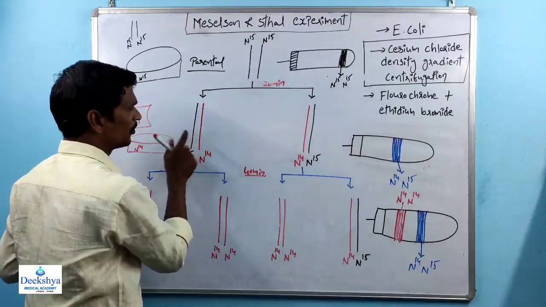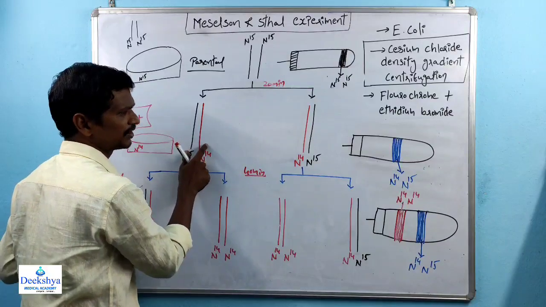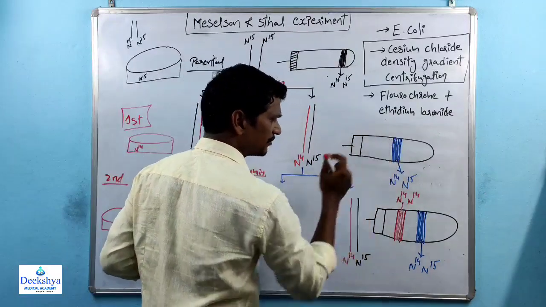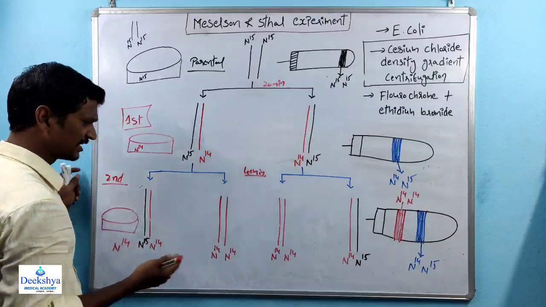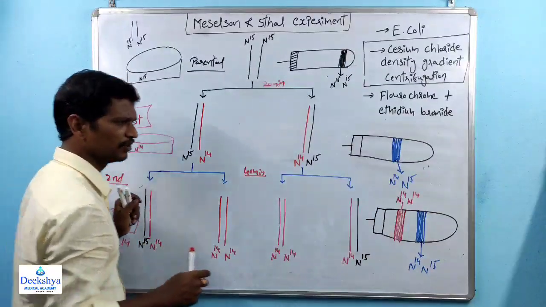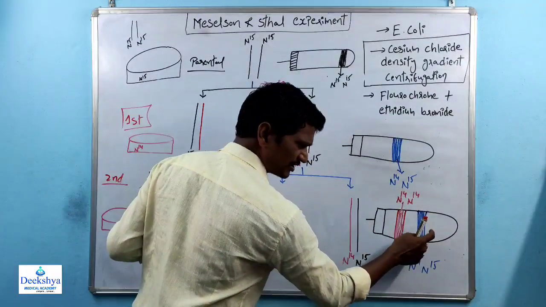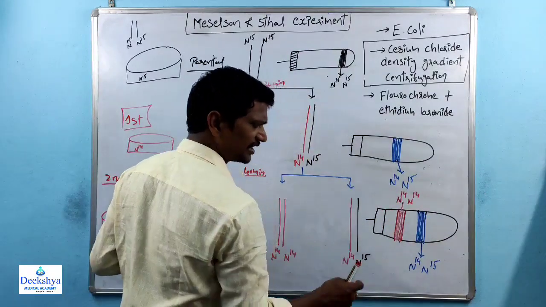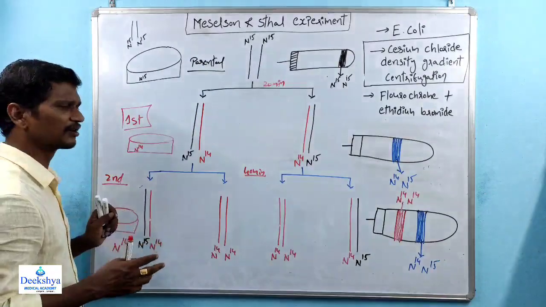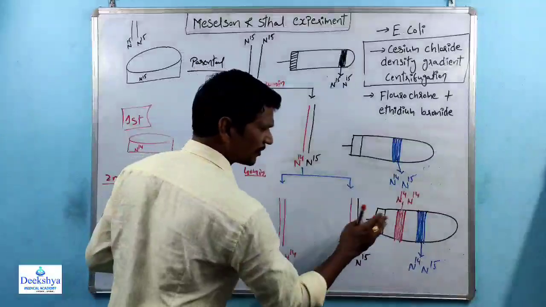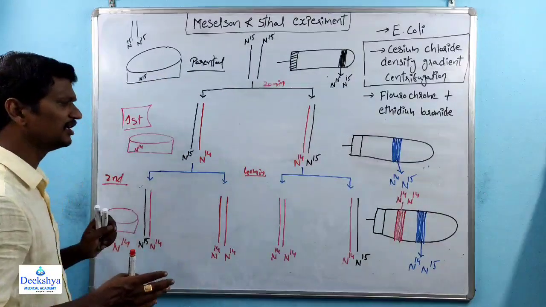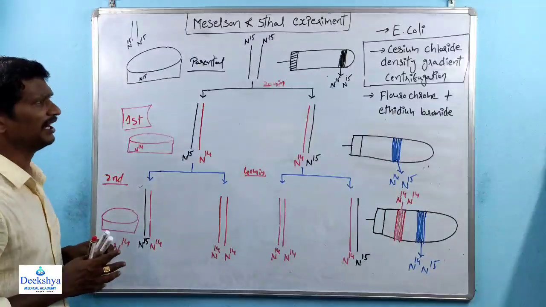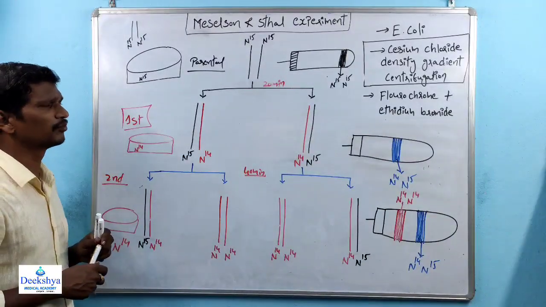The second band, one N15 and the other N14, is formed at the middle of the tube. In the second generation, both bands are formed: one band at the middle of the tube, and next, the N14 light color band formed at the upper side or top side of the tube. So this is one of the evidences for the semi-conservative model.